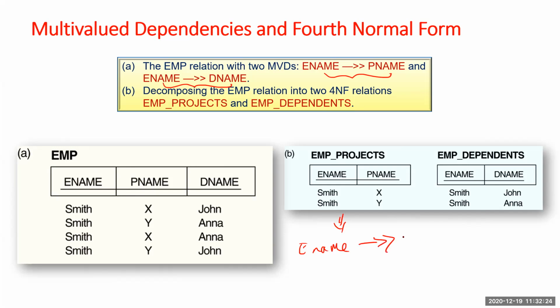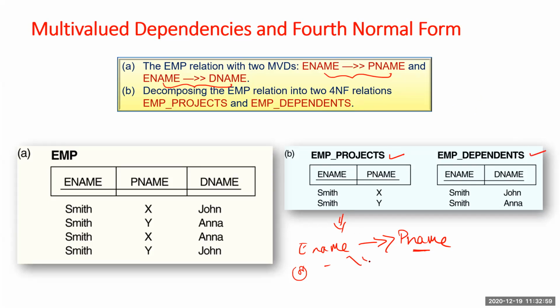Check whether this is a trivial MVD. If it is a trivial multivalued dependency, then we assume that it is in 4NF. There is no harm in keeping a trivial MVD. So now just check it. What is the rule? Y should be a subset of E name. It is not there. Or X union Y is equal to R. Yes, E name comma P name is actually the relation. X union Y is equal to R. That is EMP projects, which has only two attributes, X and Y. In the same way, I can check for D name.